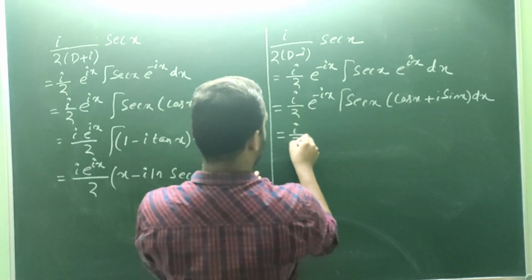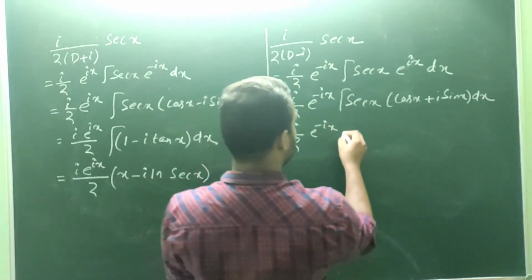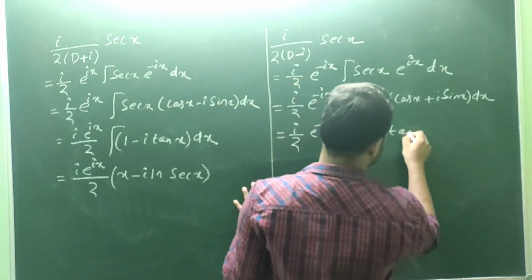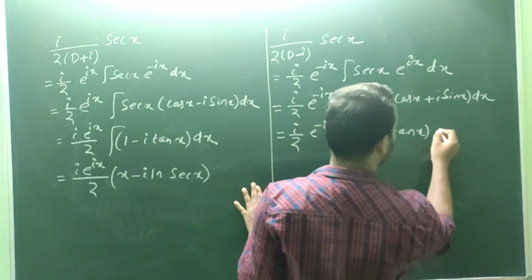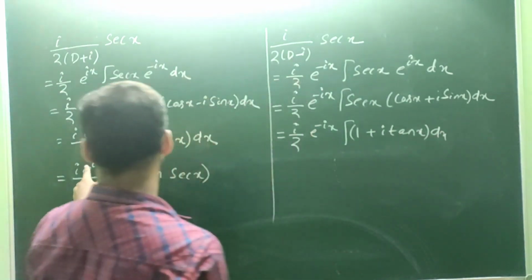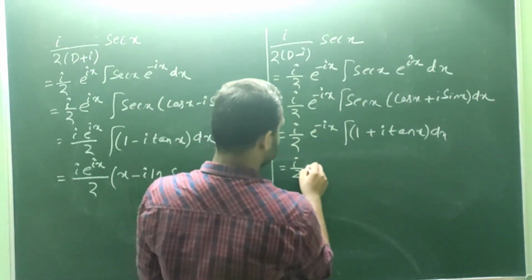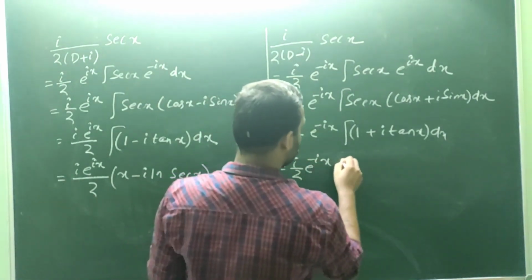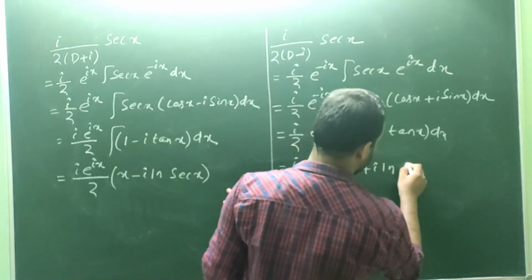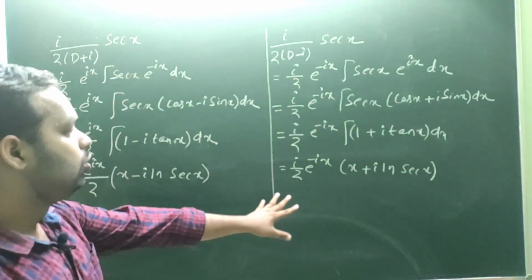After that, i/2 e^(-ix) integral of 1 plus i tan x. So nothing much difference is there, only a sign change: here minus i in place of i, and here a positive sign. This is the only difference. e^(-ix) times (x plus i log sec x). So this is for the second part.